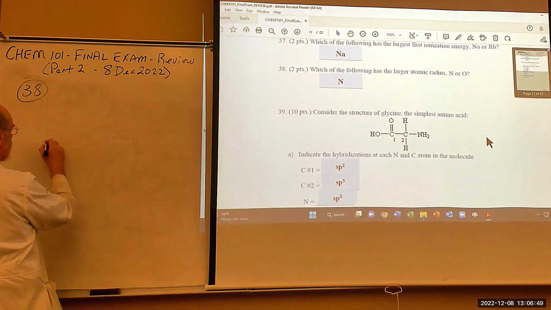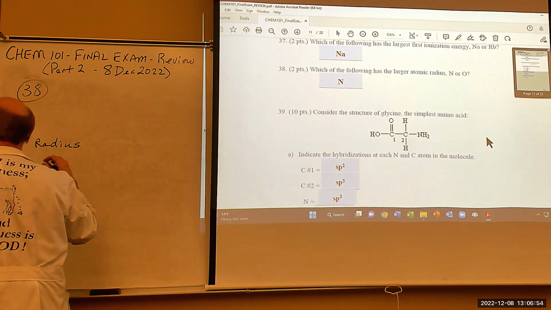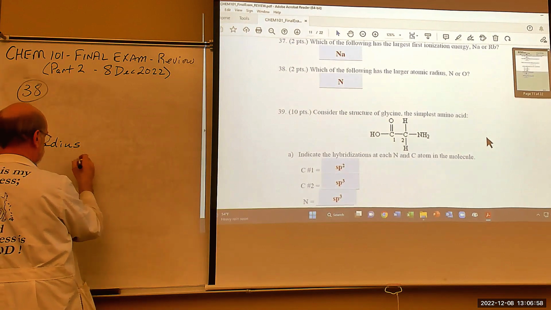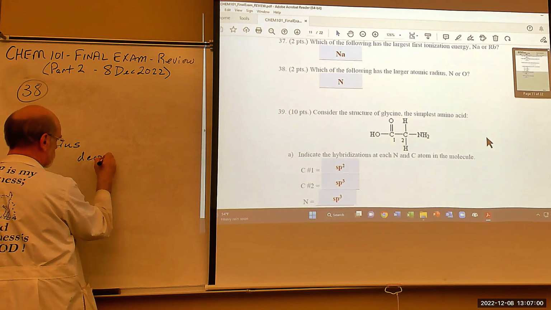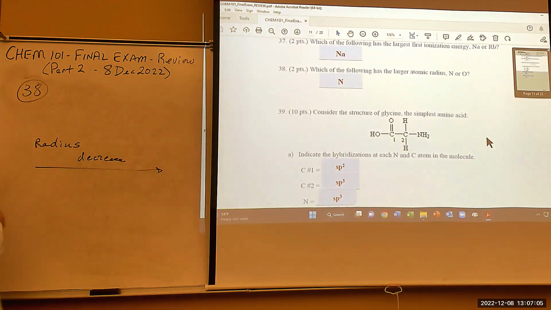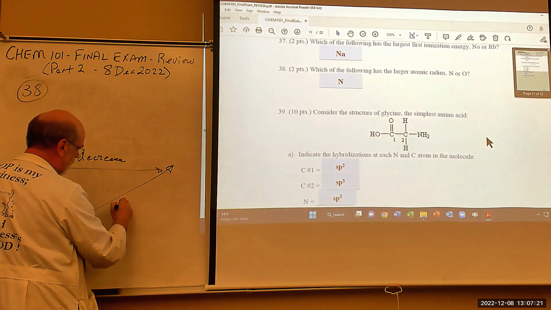The trend for atomic radius is that it decreases from left to right on a period, and it increases down through a group. So that means the decrease is toward the upper right.